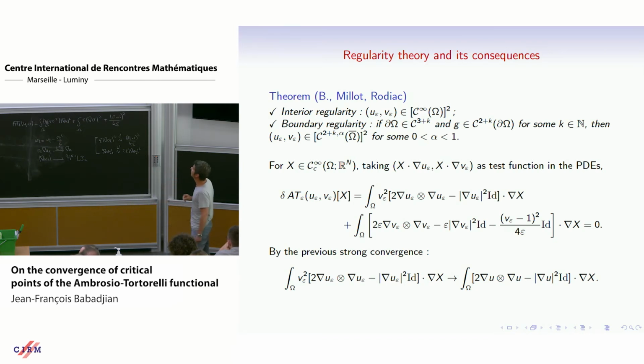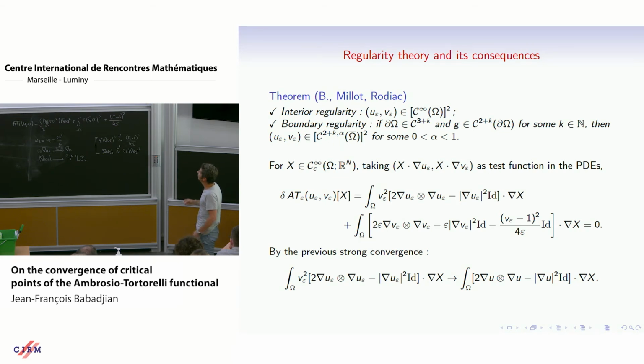So this is a regularity result that we proved with Vincent and Rémy, which tells you that in the interior your solution is of class C infinity, as smooth as you want, and up to the boundary you have all the regularity that you want, provided you make suitable assumptions on your data, which is the regularity of the domain and of your boundary data. So this is an expected result, although it has not been stated and proved before.